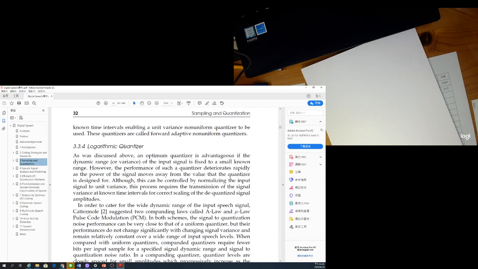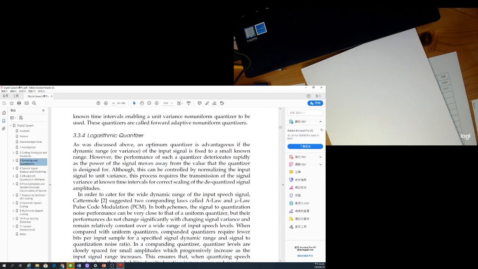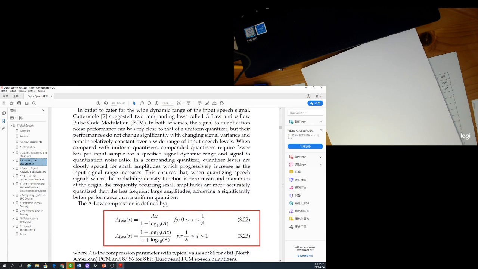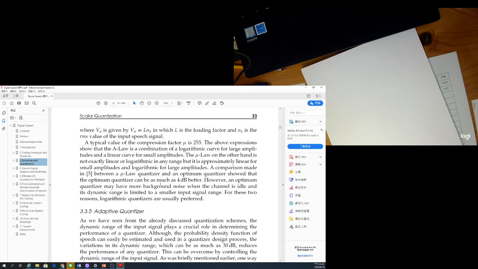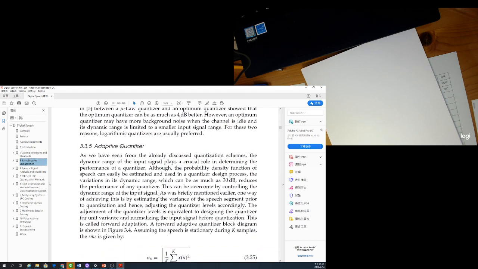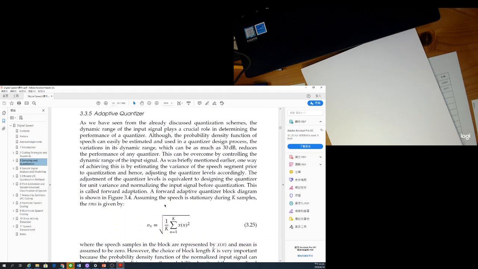Another one is the logarithmic quantizer, like A-law and mu-law. We already talked about that. Another one is the adaptive quantizer. This one considers your variance. Suppose this is what we call the standard deviation.